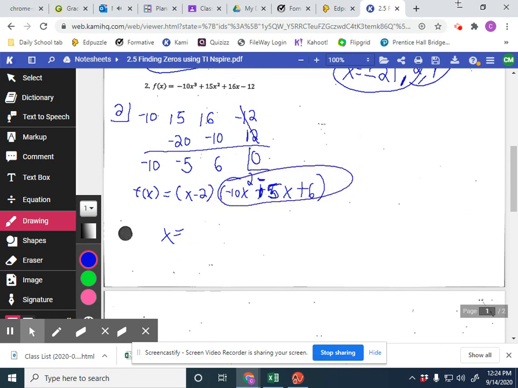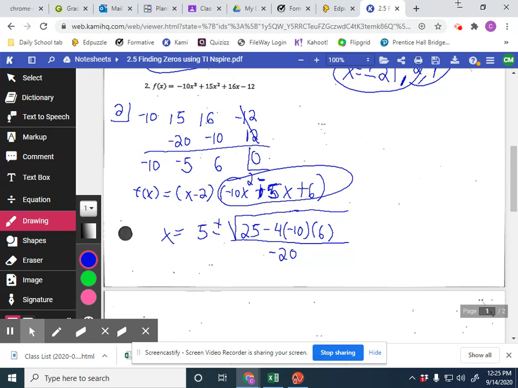We're going to use the quadratic formula for this quadratic. So when I do -b, this cancels out, so it's +5 plus or minus the square root of b squared, which is going to be 25, minus 4ac. A is -10, C is 6, and then it's over 2a, and 2 times -10 gives me -20.